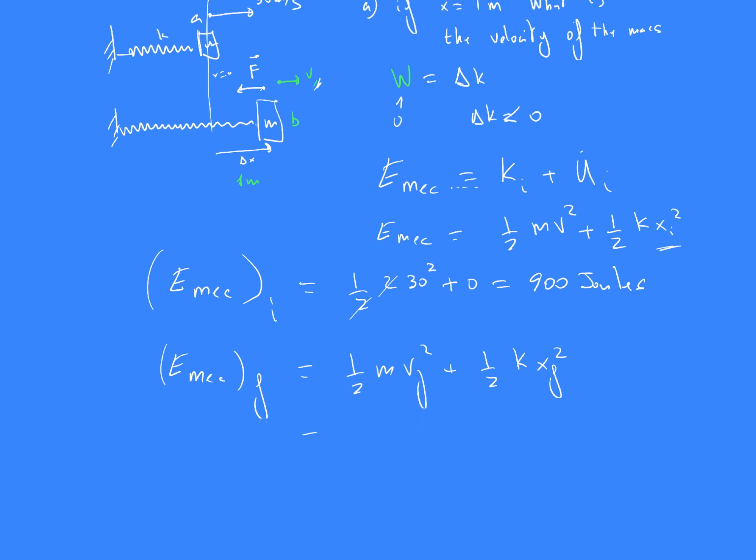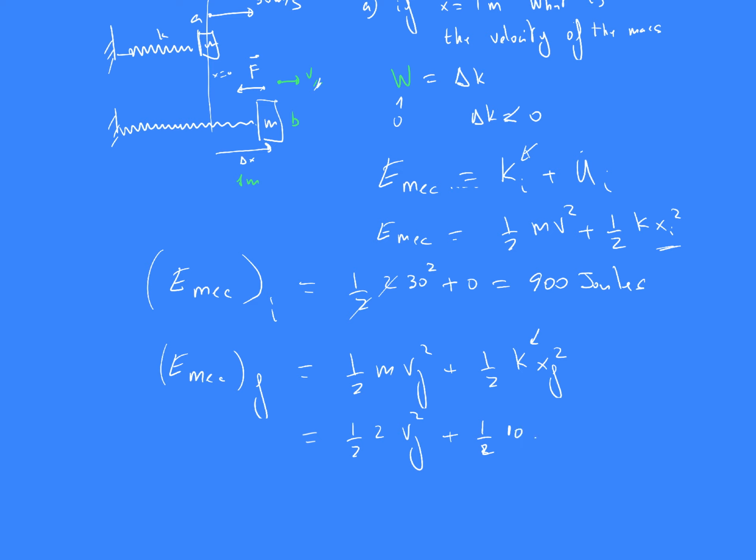So it will be 1/2, the mass is 2, the velocity is my unknown, plus 1/2 k. This k is not the kinetic energy, it's the k of the spring. Don't be confused with the K initial. This k is the constant of the spring, and the constant of the spring is 10.